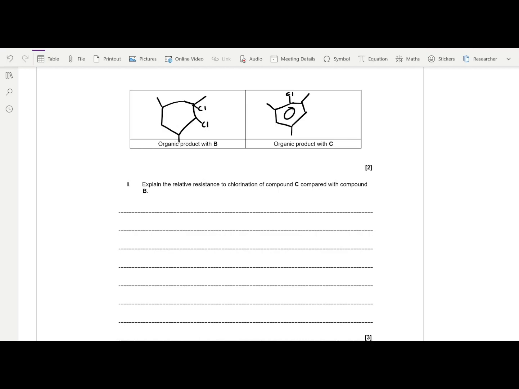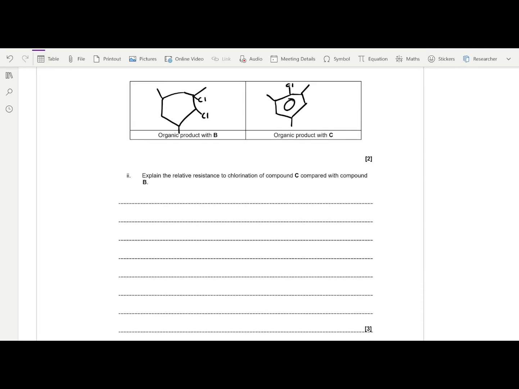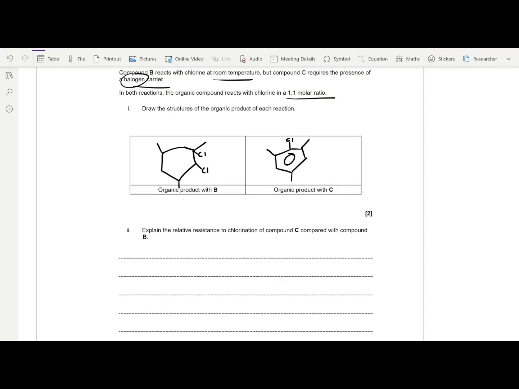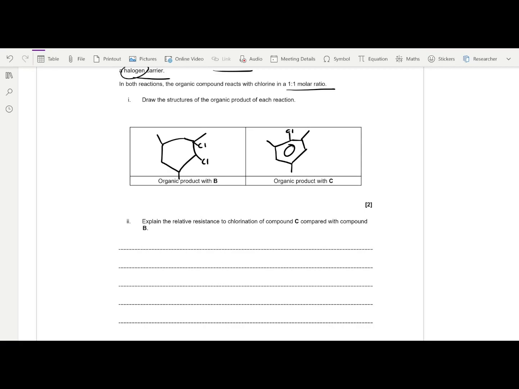So we'd set out our answer like this. We'd start with compound C has a benzene group which has delocalized electron density in its pi system.